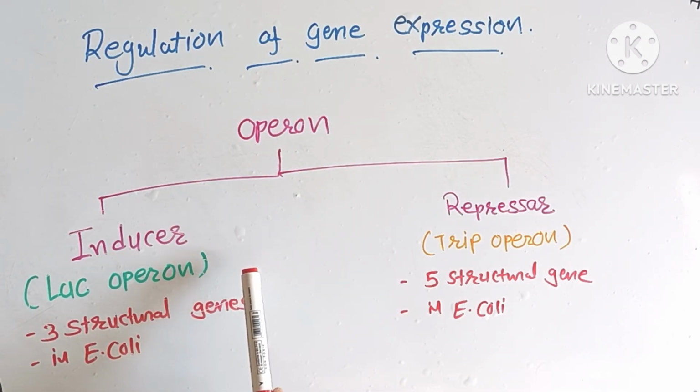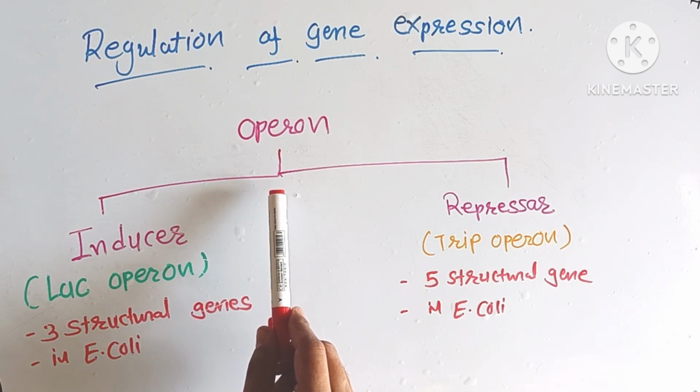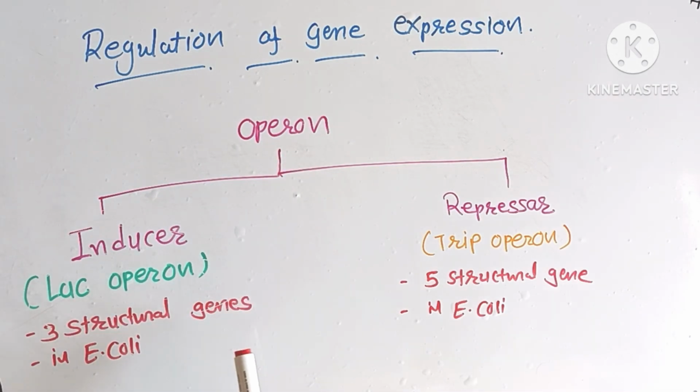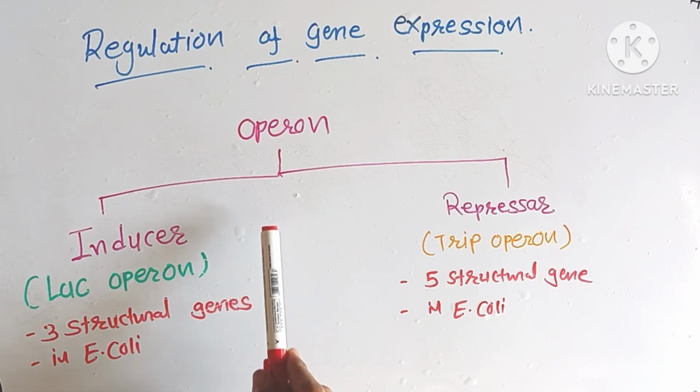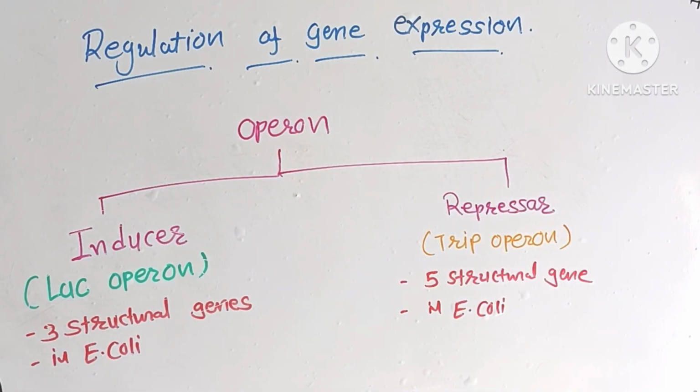But how does it happen in bacteria? For that there is a mechanism, and this mechanism is defined as an operon. Operon is nothing but an operating unit. This operon is classified into two: inducible and repressible. In the inducible type of operon, the example is Lac Operon.